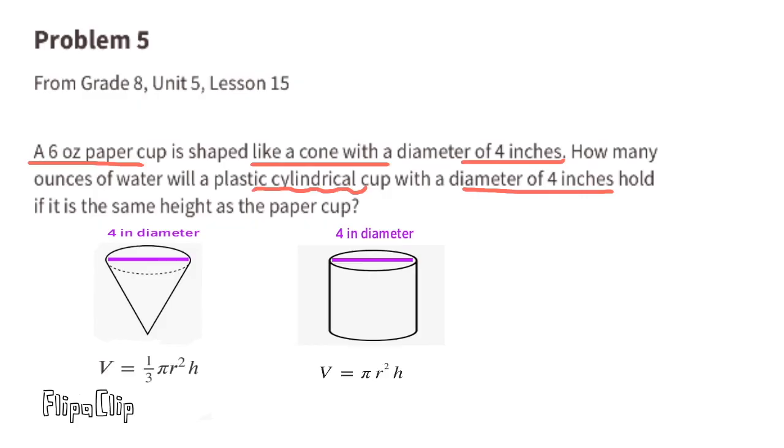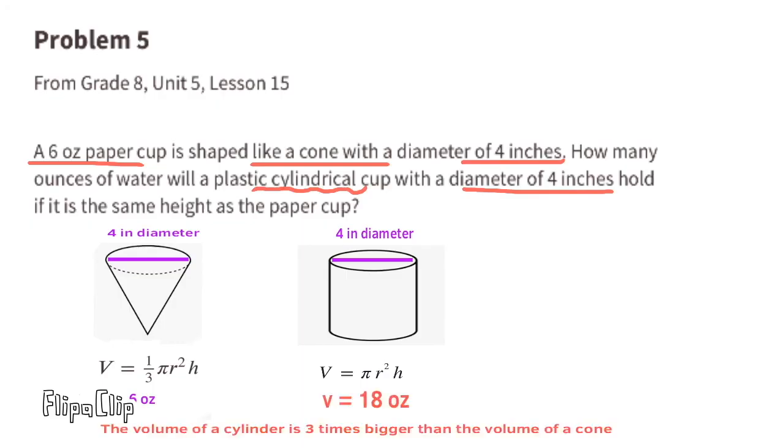The 2 cups have the same diameter, which means they have the same radius. A cylinder with the same diameter and the same height holds 3 times the amount as a cone. This cone holds 6 ounces of water, so the cylinder is going to hold 3 times that. So the volume of the cylinder is 18 ounces because 6 times 3 is 18.